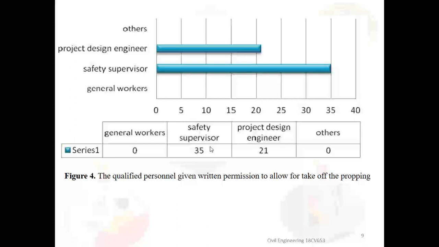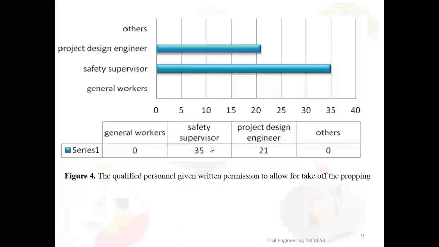Others are not allowed. The project design engineer is, in general works, a qualified person giving written permission to take off the propping. Propping is what we do in a precast where the pre-stressing is done, which is the most hazardous part.